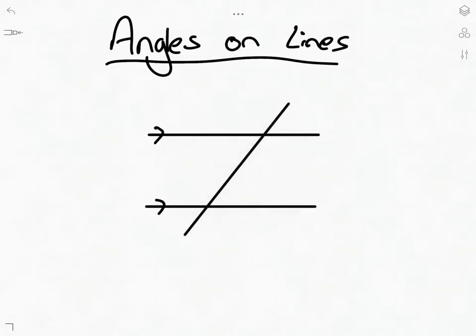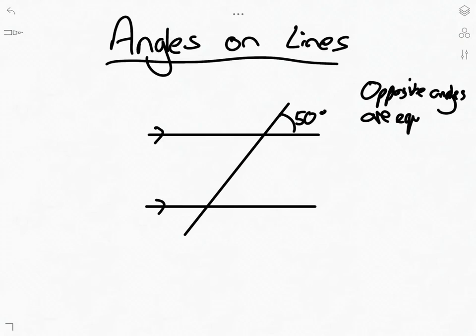Okay, so I've just shown you there that the angle is 53, but let's just say it's 50 to make it nice and easy. The first rule is opposite angles. And that's the one I was saying is not really to do with parallel lines, but opposite angles are equal. Corresponding angles is the next one.